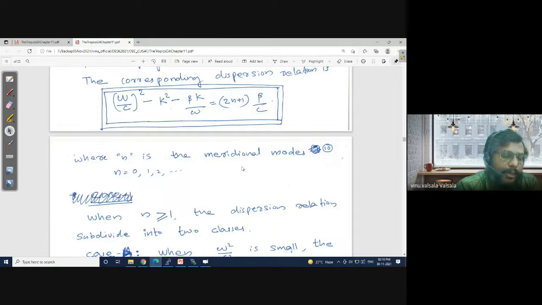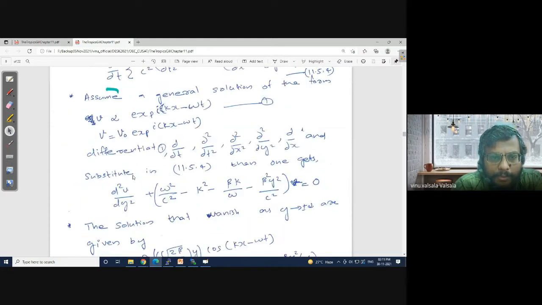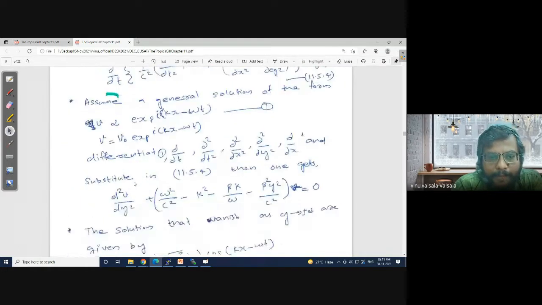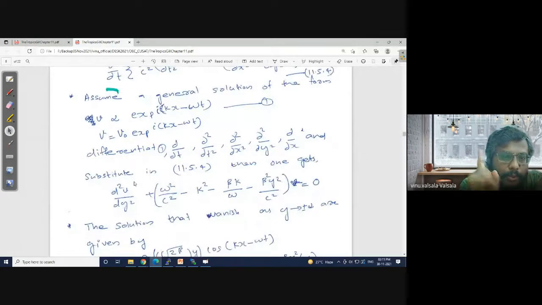Assume that is the meaning of mode. We are going to explain that also in detail after some time. Okay. So here n is the meridional mode, where n can be 0, 1, 2. As a special case, n can also be -1, which we are coming to. So another interesting aspect to mention here is that the earlier Kelvin wave should be a member of this solution as well.